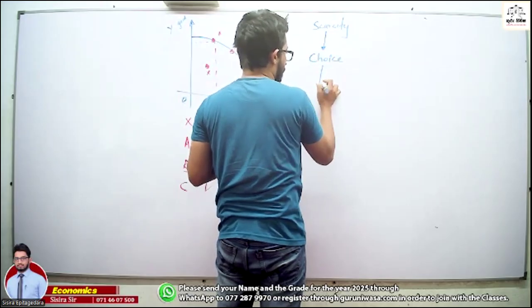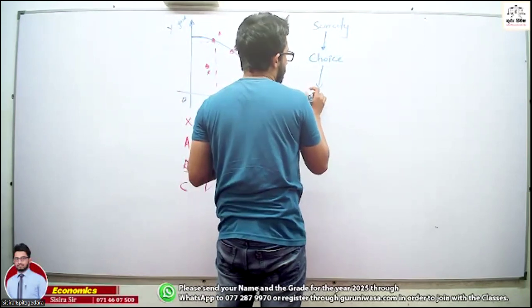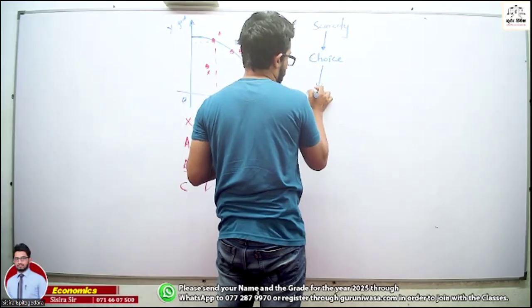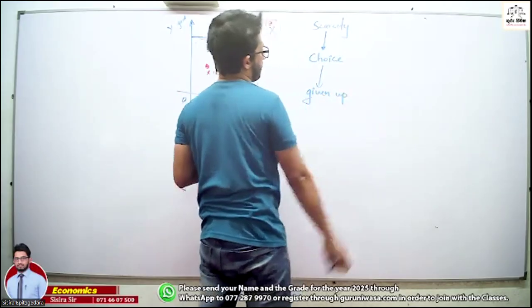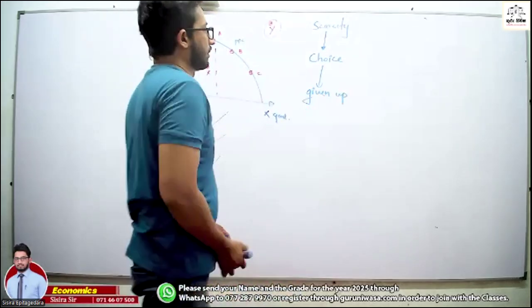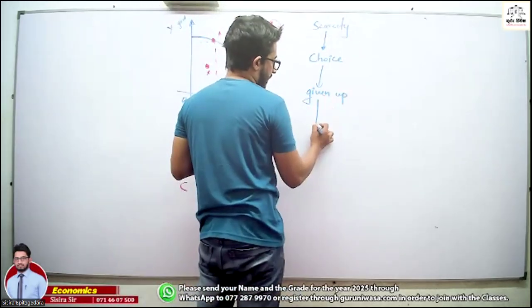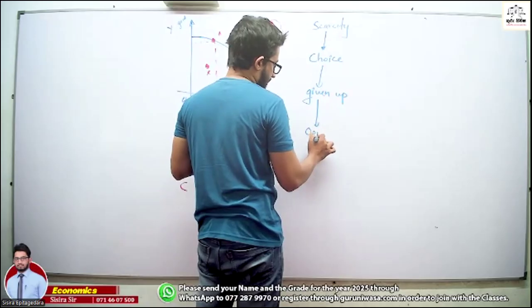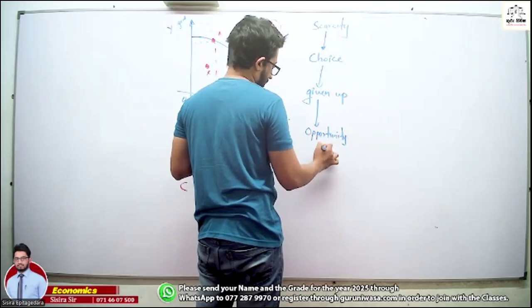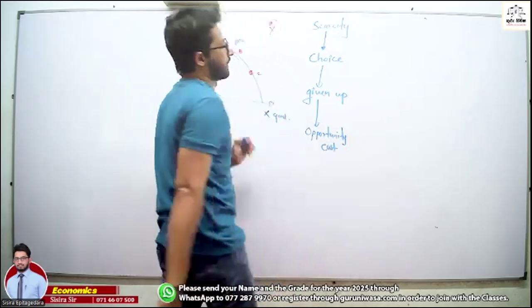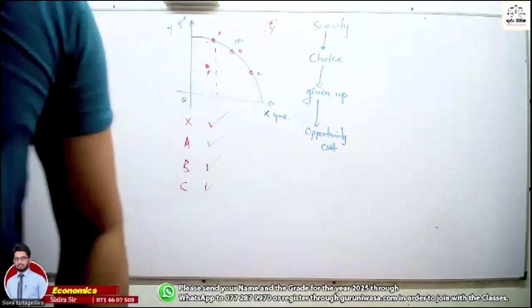If you choose one alternative, other alternatives have to be given up. Then opportunity cost takes place. Clear?